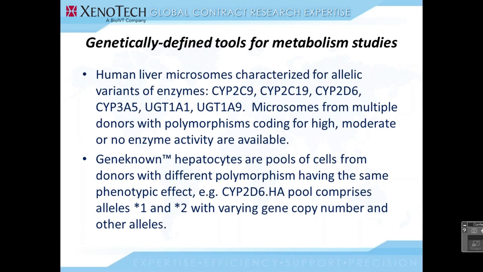Now we expanded our offer to include gene-known hepatocytes. Gene-known hepatocytes are pools of cells from donors with different polymorphisms having the same phenotypic effect. For example, CYP2D6 high activity pool comprises alleles *1 and *2 with varying gene copy number and other alleles.